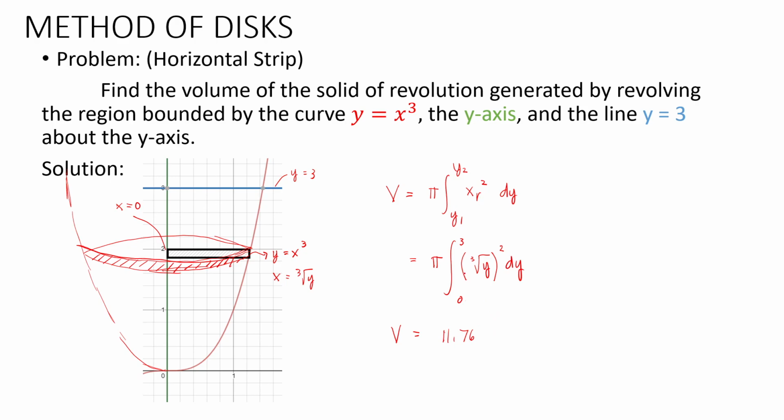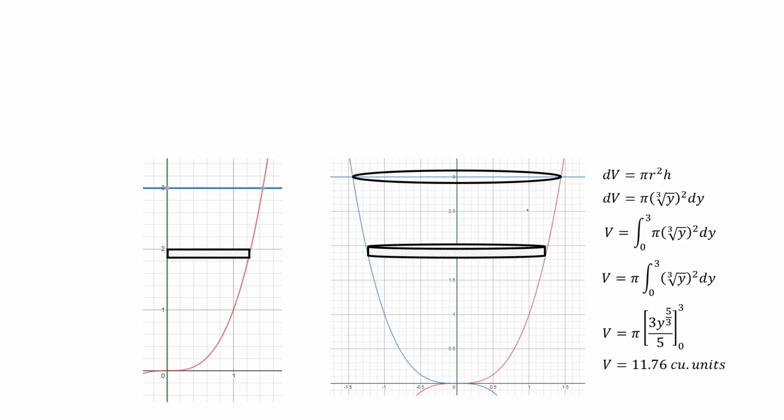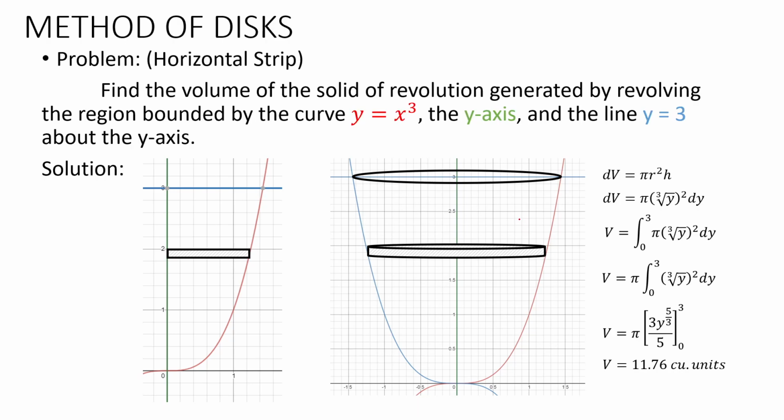So this is a disadvantage if you have a complicated equation. Of course, we are forced to use this equation. So 11.76 cubic units, and this is the answer.